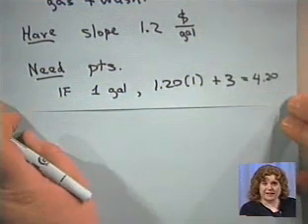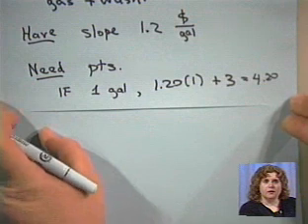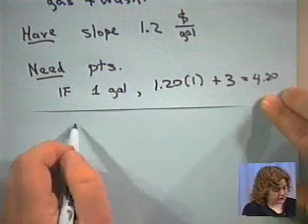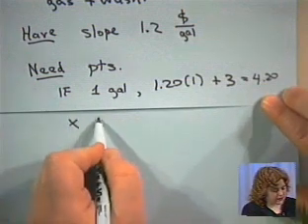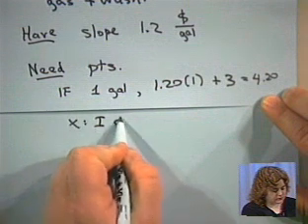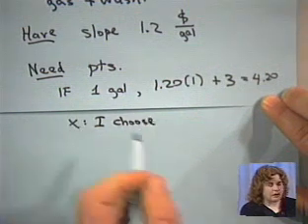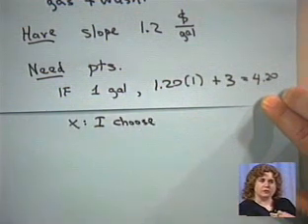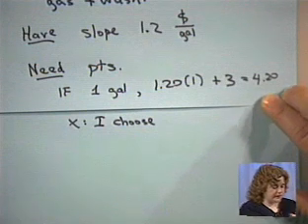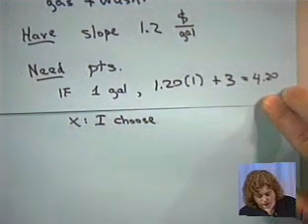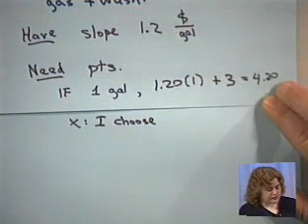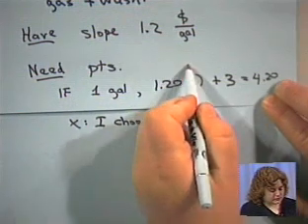Question is, what's my x and what's my y? My x is my independent variable. X is what I choose. That's what independent means. What am I choosing? I'm choosing to buy 1 gallon of gas. So my x is the gallons.